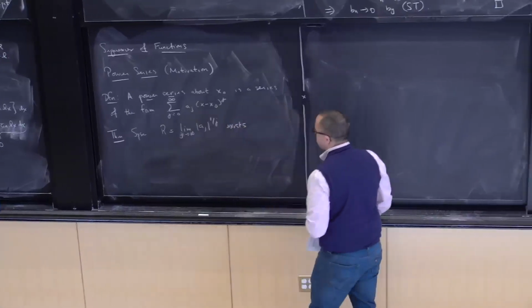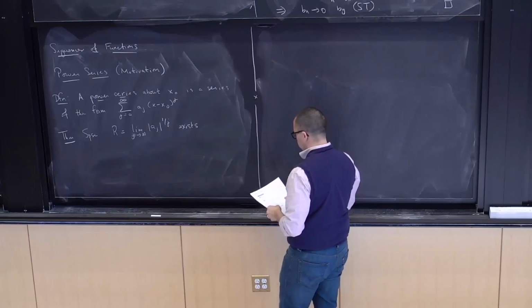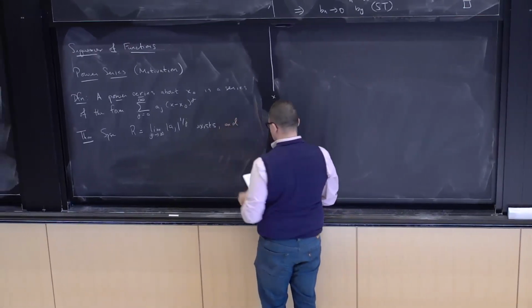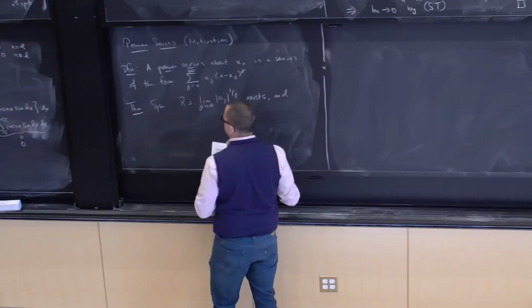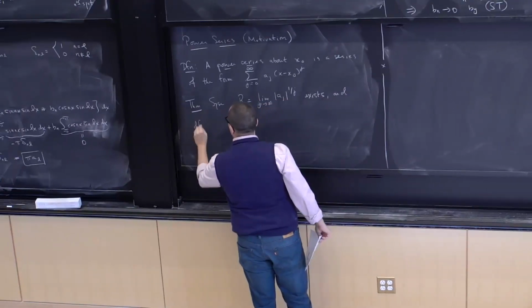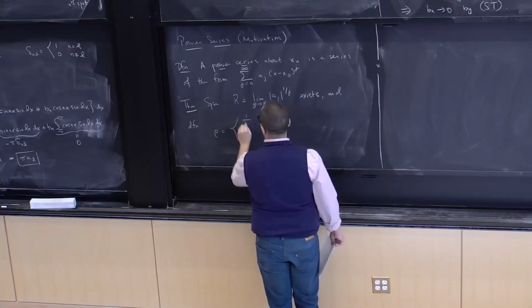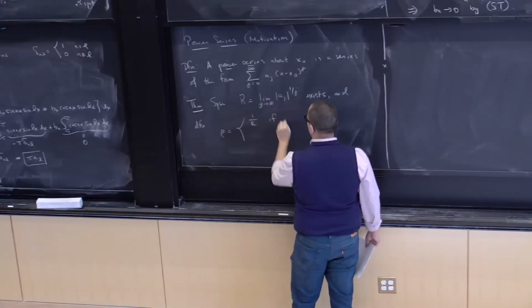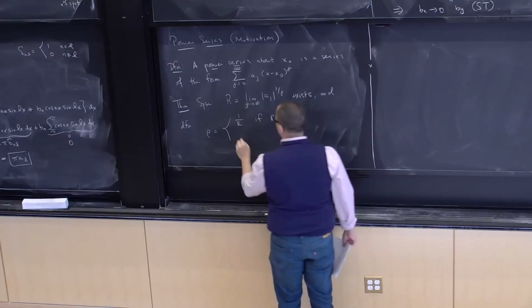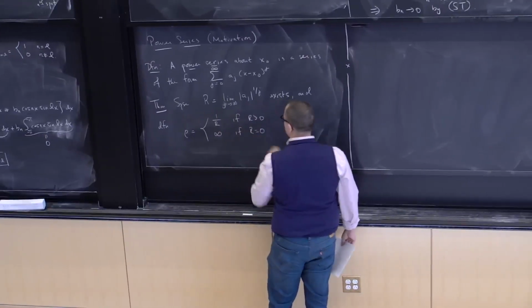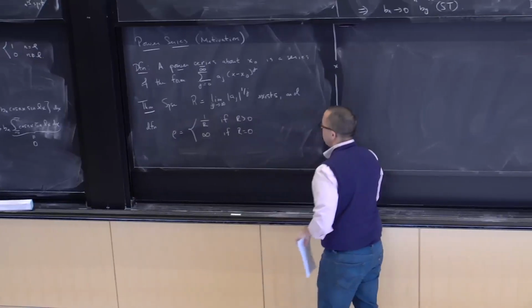So it's a finite, non-negative number. And define rho to be 1 over r if r is bigger than 0, and infinity if r equals 0.